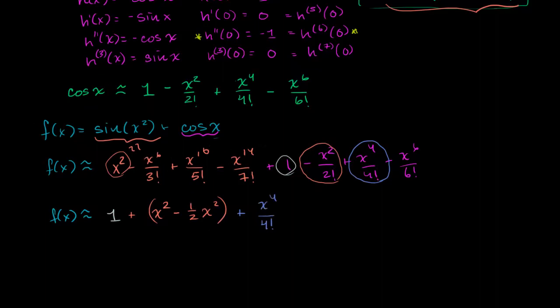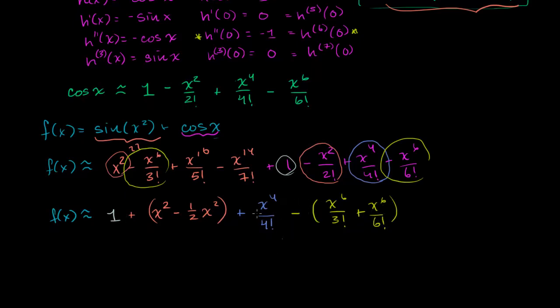Do we have any sixth degree terms? We do. We have this one and this one. So this is going to be minus, there's a negative sign out front for both of them, so it's going to be minus x to the 6th over 3 factorial plus x to the 6th over 6 factorial. You could distribute the negative sign if you want. I just factored it out.